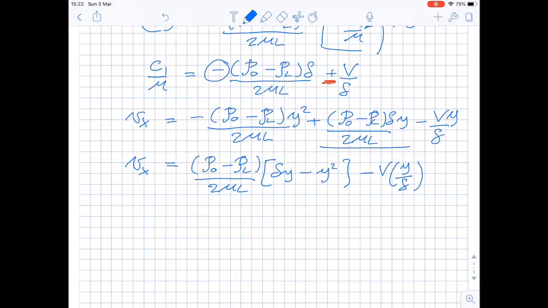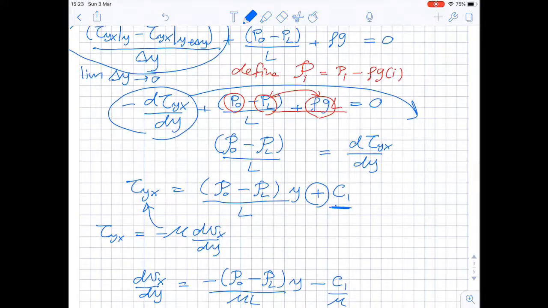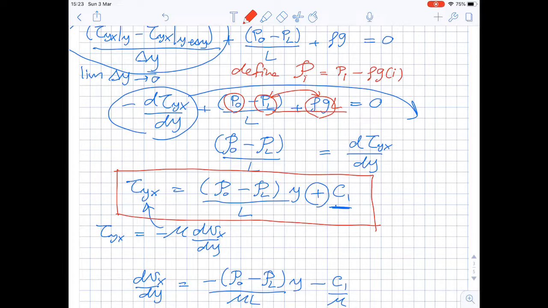So if you want to find the shear stress profile, you can either calculate it back from Newton's law, tau yx equals to minus mu dvx by dy. Just take the differential of this equation. But it's not necessary because we got this part already. So if you just take C1 according to what we found earlier, plug it in here, then you can find shear stress.